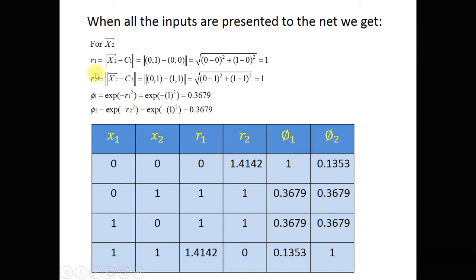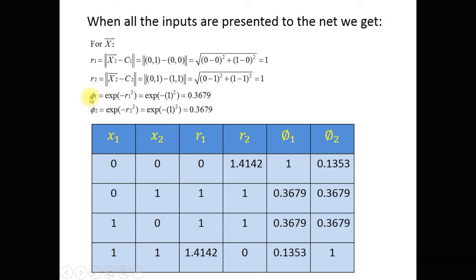First I find r1 and r2, the distances of this vector capital X2 from the centers. I am showing the calculation for this particular exemplar. If I calculate, r1 turns out to be 1 and r2 also turns out to be 1.